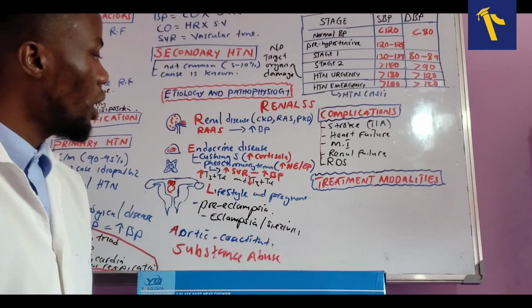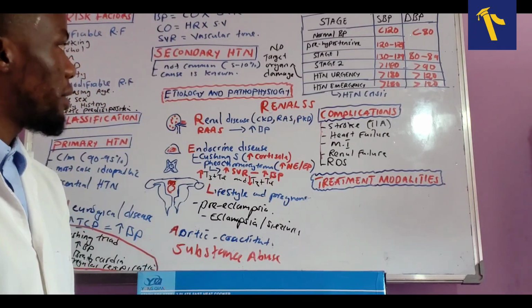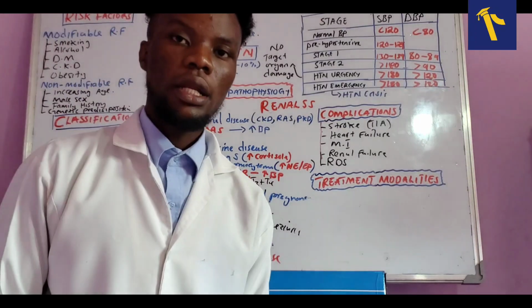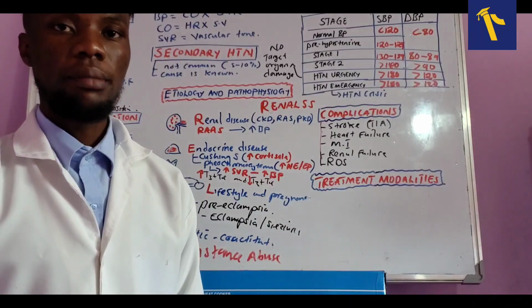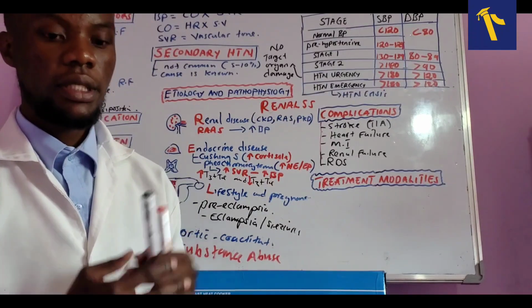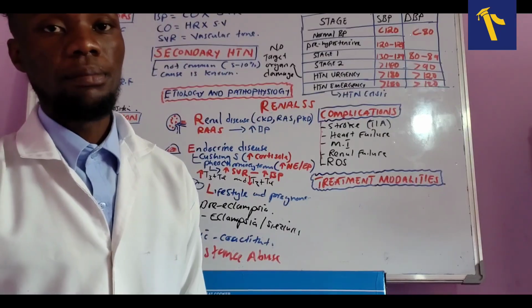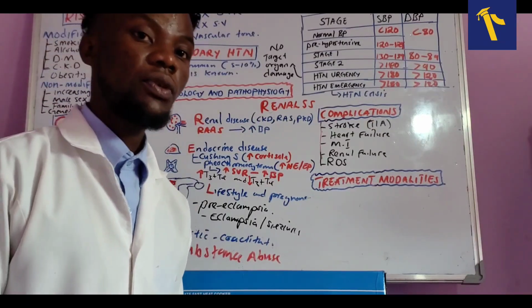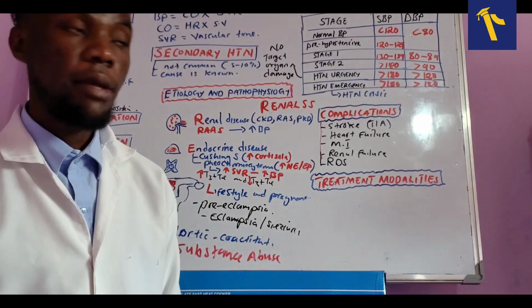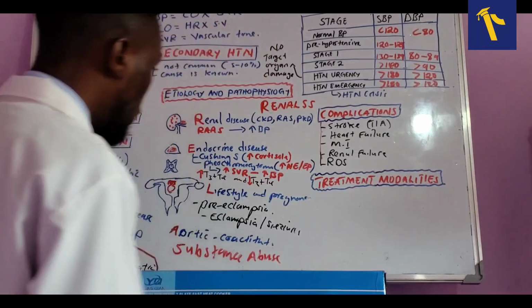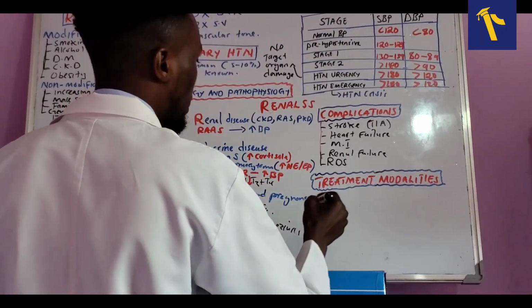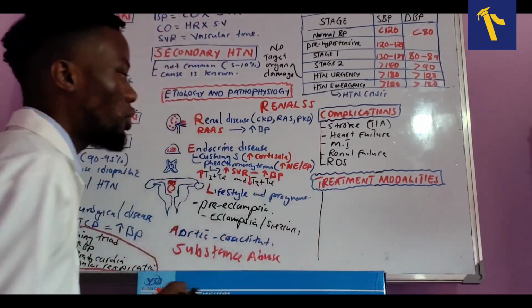Now, since we know everything about hypertension, let us complete by talking about the treatment modality. These are things that you can do if someone is having hypertension, either essential hypertension or secondary hypertension. There are two important clinical modalities for treatment.